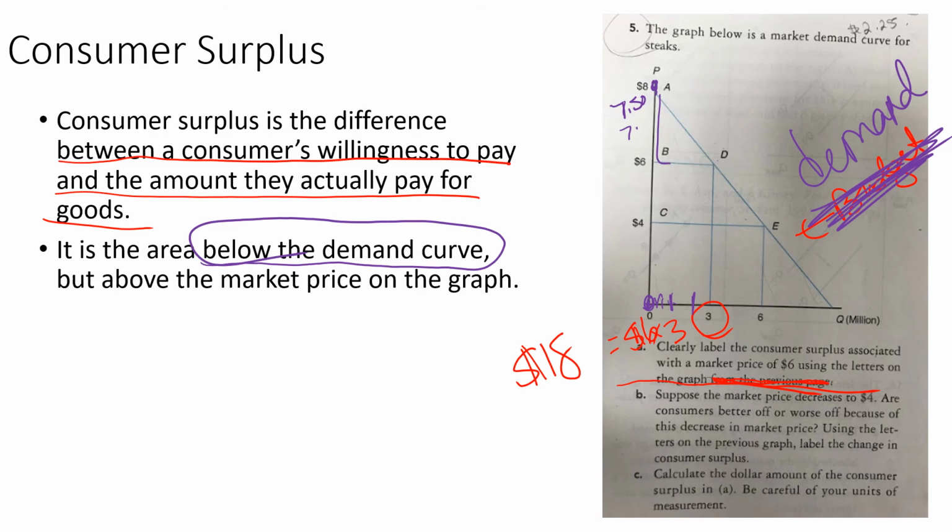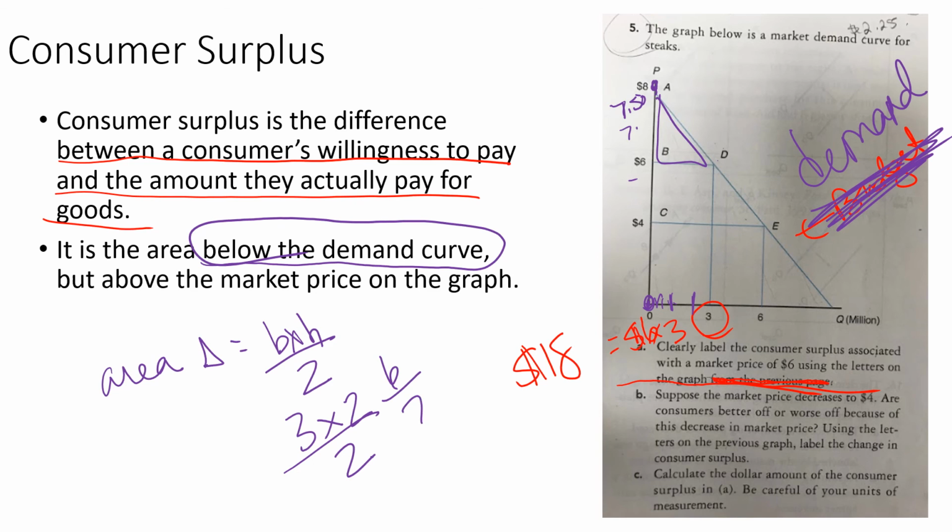But the area of that, well, we know the area of a triangle equals base times height divided by 2. Our base is 3. Our height is 6 to 8. So 2 divided by 2. So we have 6 divided by 2 is 3. So in this case, our consumer surplus is $3.